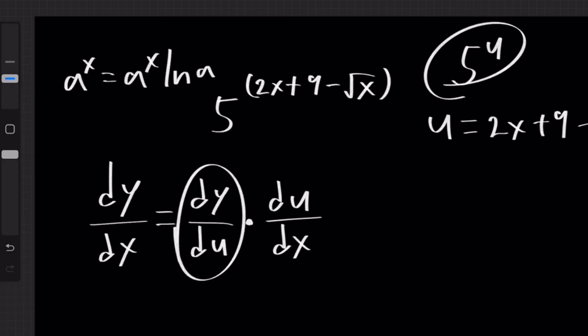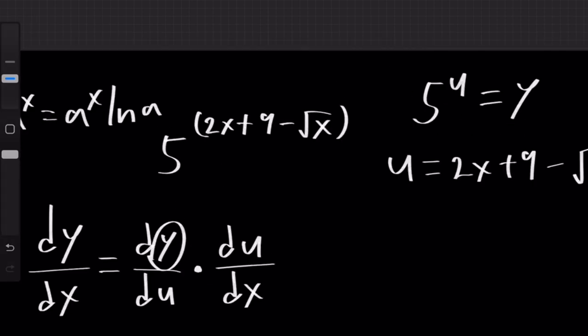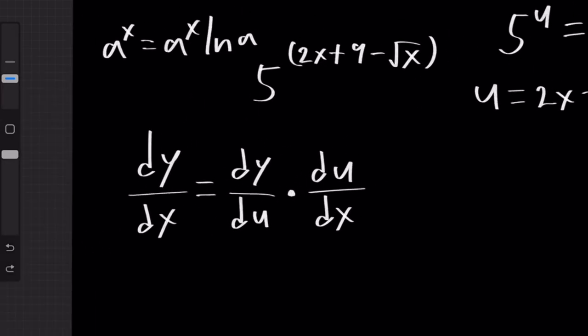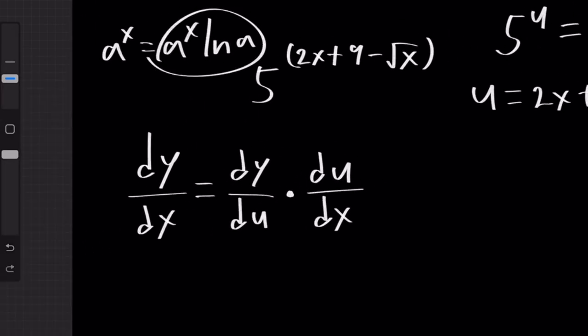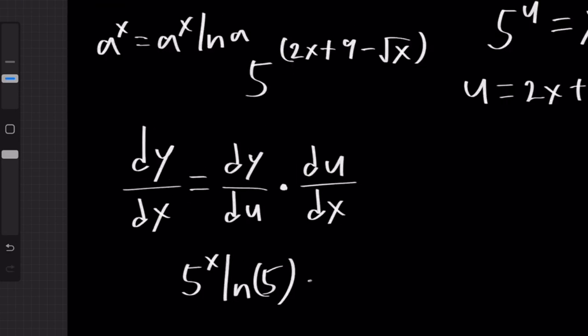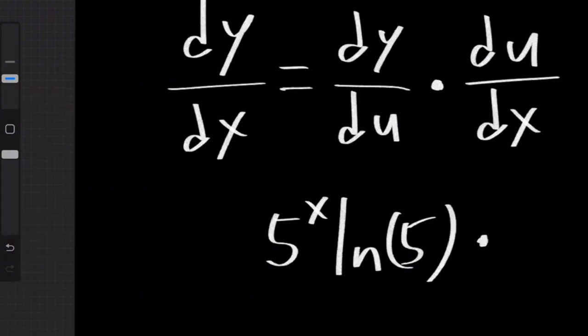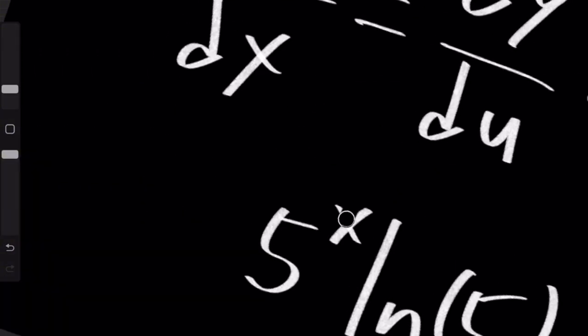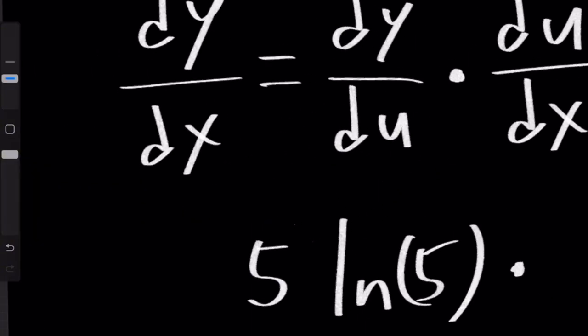We're finding the derivative of function y, which would be equal to, as we said right here, 5 to the power x ln 5. That's a derivative. Oh, and it's not x, by the way. We're using u in place of x.